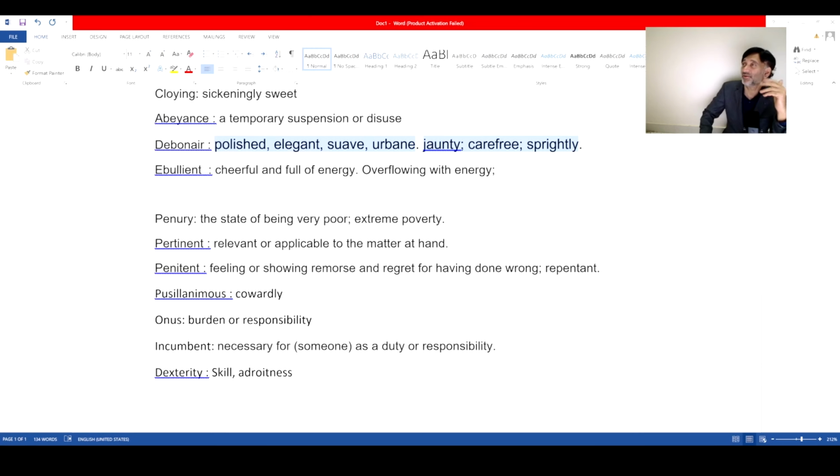So his dexterity at the particular game was amazing, right? It is skill, his deftness, adroitness. These are synonyms. Hope you can remember all these words. These are simple words, I'm not saying they are difficult. Okay. Next word.